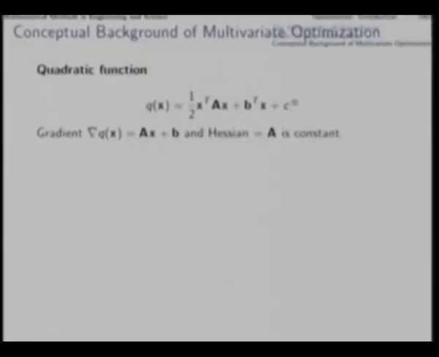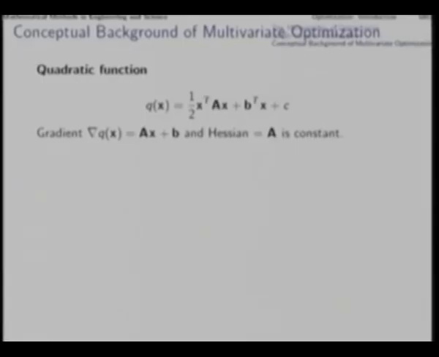A quadratic function is like this, and if you try to find out its gradient and its Hessian, then you will find very easily through first order and second order derivatives that the gradient is Ax plus b, and the Hessian A is constant. Quadratic function, so second order derivative should be constant, and Hessian is this matrix A, the second order derivative.